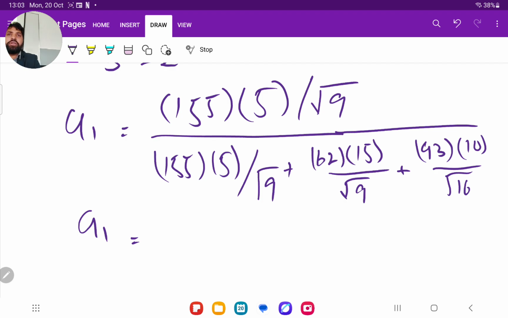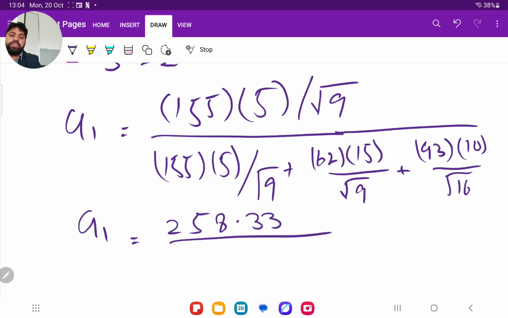For the numerator, what is the answer? 258.33.